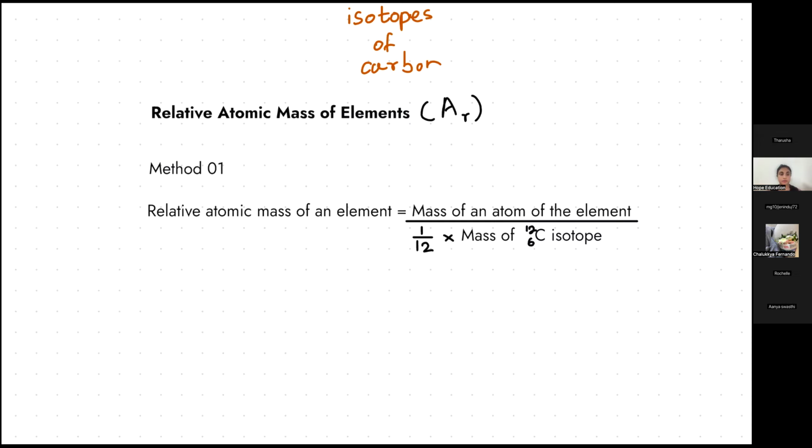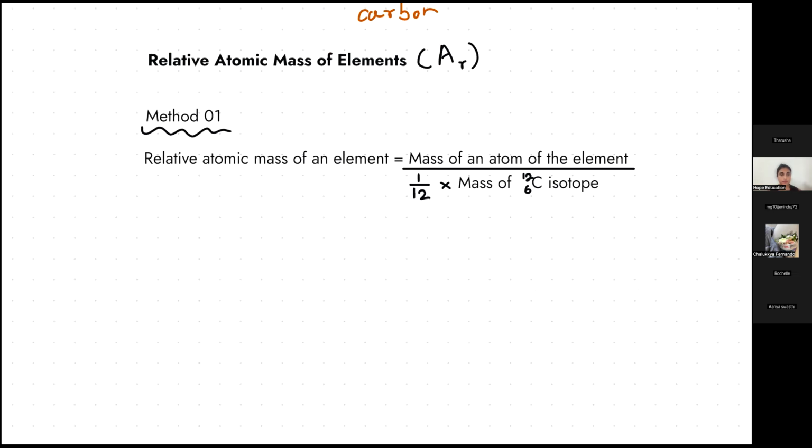Let's do an example. I'll use the example in the textbook. The mass of an oxygen atom is 2.66 into 10 to the power minus 23 grams.